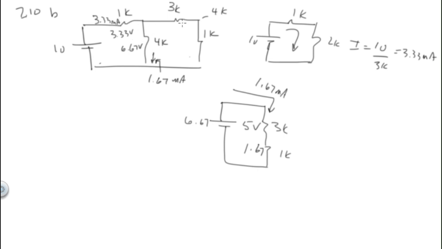It equally splits 3.33 into 1.67, 1.67. The voltage across here is 5. The voltage across here is 1.67. Voltage across here is 6.67. 1.67 milliamps here, 1.67 milliamps here. I'm done. It's all taken care of. It's all good. That's B.